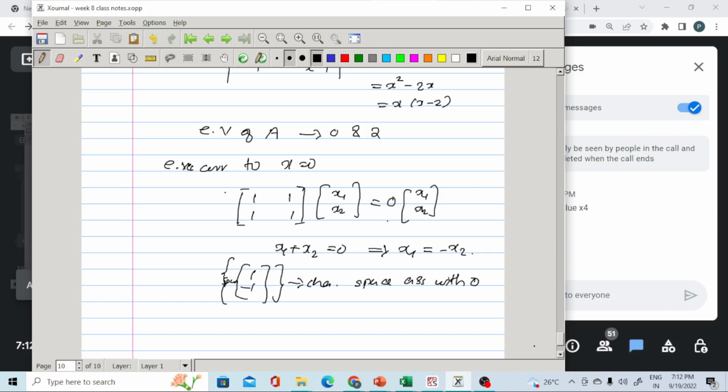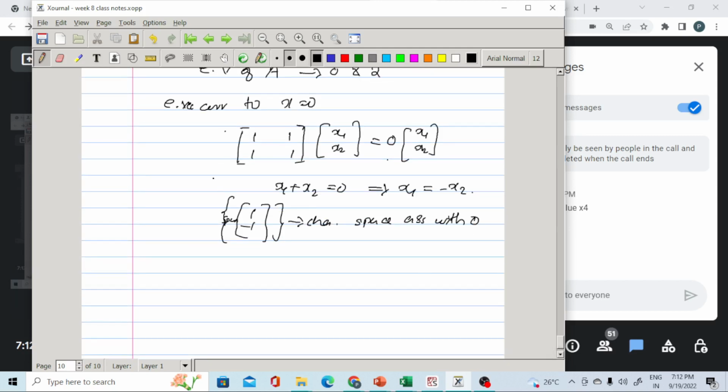In the same way, let us find the eigenvector for the second eigenvalue, 2. The eigenvectors corresponding to 2 satisfy Ax equal to 2x, that is, 1, 1, 1, 1 times x1, x2 equals 2 times x1, x2. So x1 plus x2 equals 2x1 and x1 plus x2 equals 2x2.